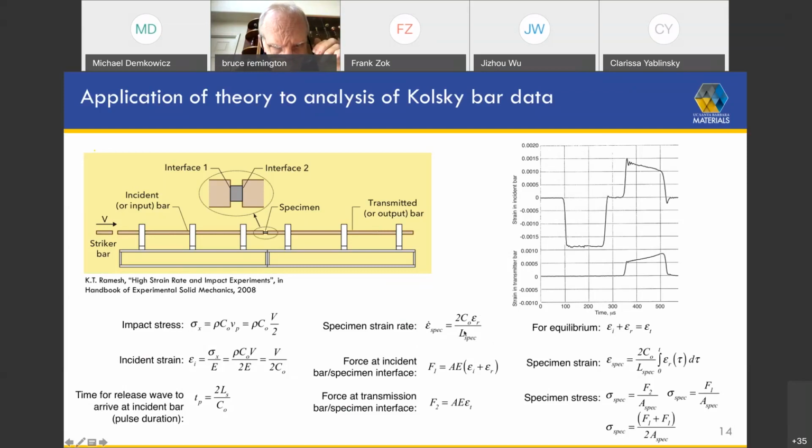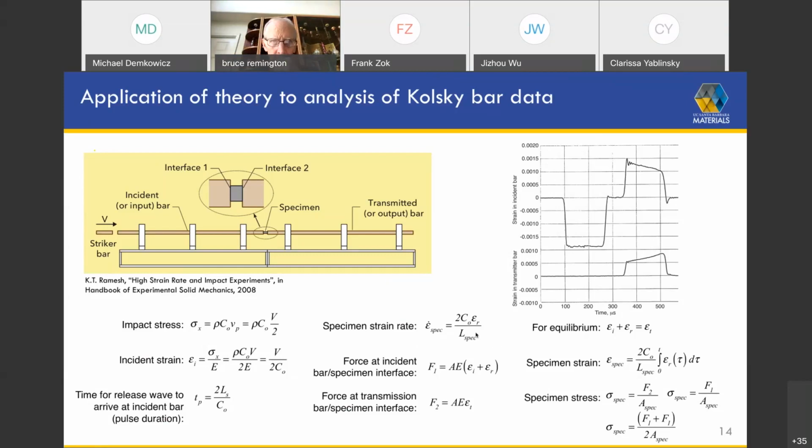And so again, the displacement rate over the specimen length will limit your specimen strain rate. But as a practical matter, you don't want to go to very short gauge lengths, because then you start to lose resolution. The displacements you're going to be measuring are going to be very small for a certain amount of strain. And so there are always compromises between the range of strains and strain rates you want to access and the fidelity of the results that you ultimately get.